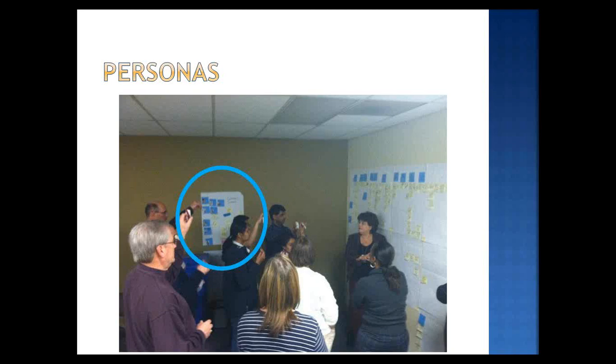So let's take a look at it. One of the first things that I would do is meet with the team. What you see on the screen right now is a picture of a team that I worked with, where we defined some personas. The very first thing we did was define who are the types of people that would use the system. This was a group defining a driver's licensing system.